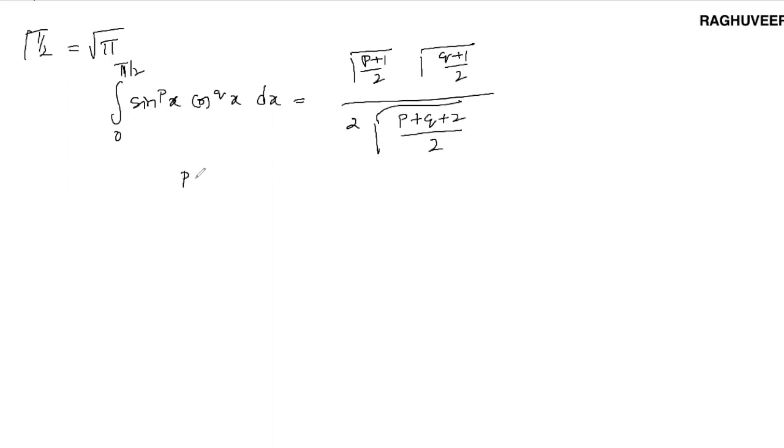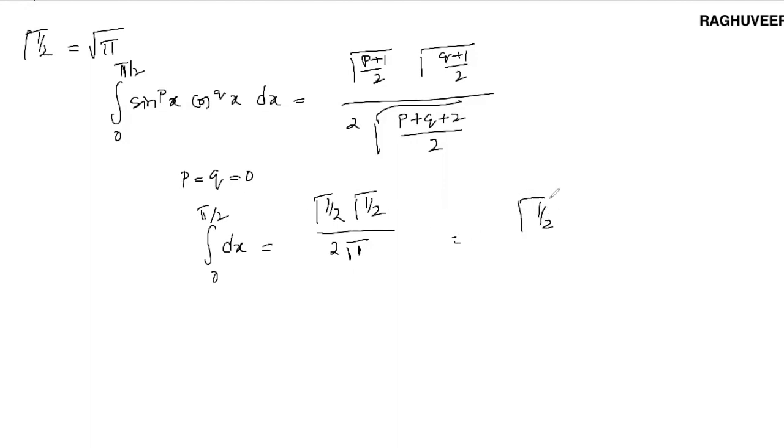So here, if you put p and q as 0, this will be integral 0 to pi by 2 dx, which is equal to gamma half and gamma half by 2 gamma 1. Okay, so gamma 1 is 1, right? So this will be gamma 1 by 2 whole square by 2.